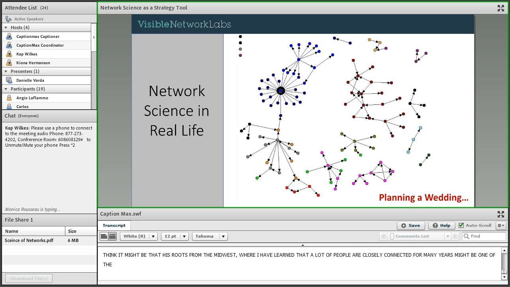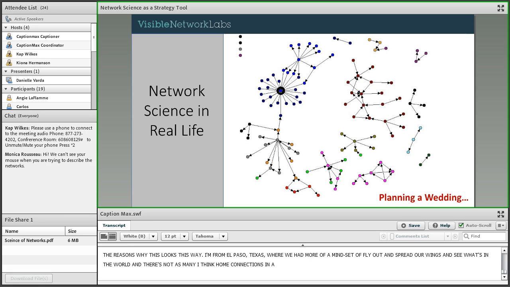And so when I look at this, I tried to make sense of it. I think it might be that his roots from the Midwest, where I have learned that a lot of people are really closely connected for many, many years, might be one of the reasons why this looks this way. I'm from El Paso, Texas, where I think we had a little more of a mindset of, you know, fly out and spread our wings and see what's out in the world.